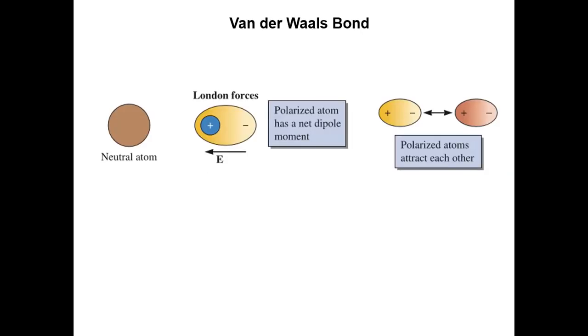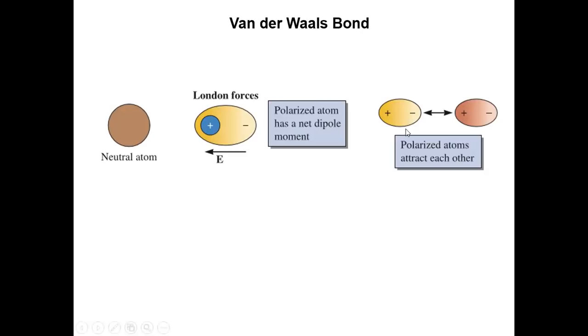That means because another atom approaches this atom, it will become like this: this side will have a negative charge, this side will have a positive charge. So we call these polarized atoms, right?